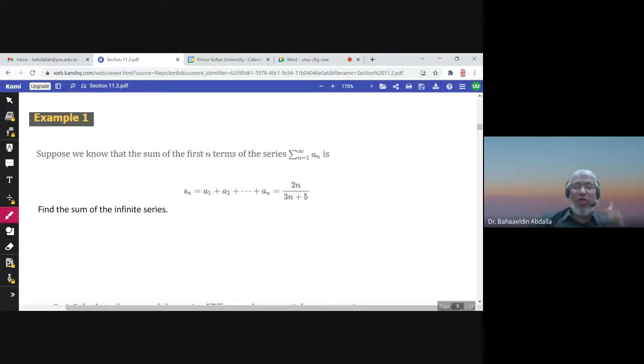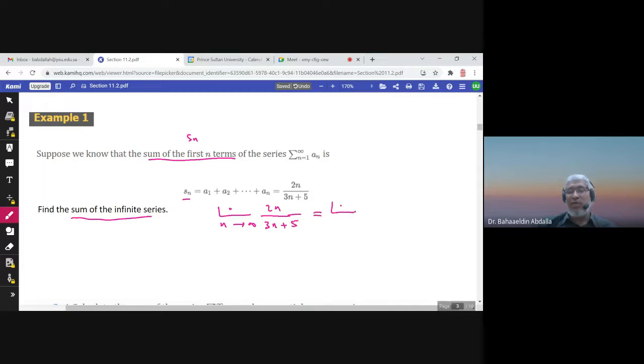Now suppose we know Sn. We have Sn, the sum of the first n terms. Sn is given. So when we add the first n terms, we can write it in this way. Can you find out the sum of the infinite series? What is the sum of the infinite series? It is S. It is the limit of Sn. So if you can find the limit of Sn, which is 2n over 3n plus 5, when n goes to infinity, what is this limit? What do we do?